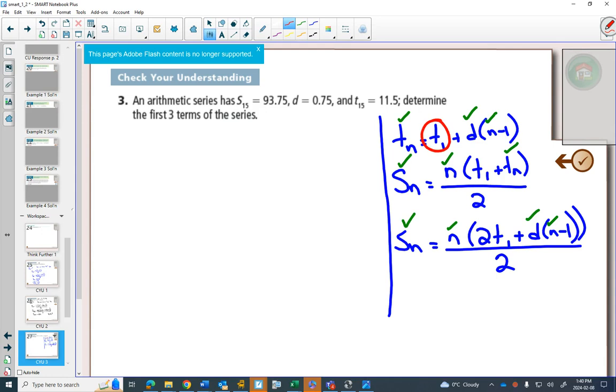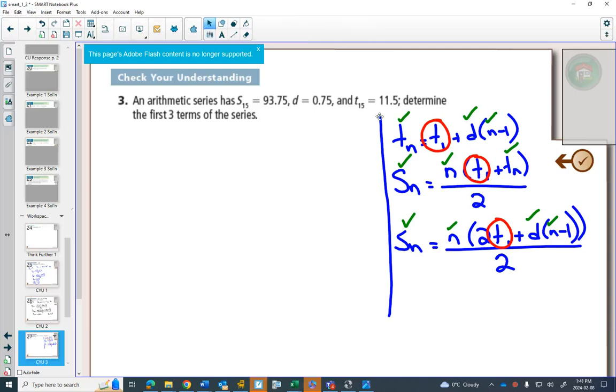The only thing I don't know in the second formula is T1. The only thing I wouldn't know in the third formula is T1. It allows me to use any one of the three formulas to figure out what term 1 would be. And you could choose whichever one you want, okay?